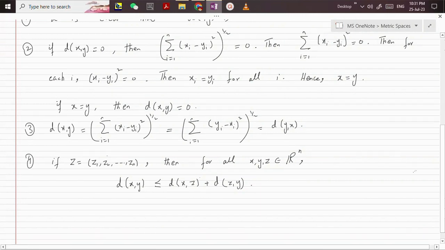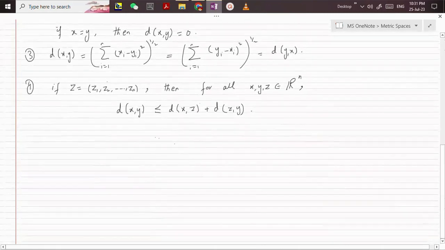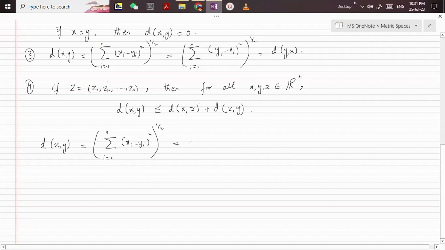Now we prove this one. d of x, y equals the summation i from 1 to n of (xi minus yi) whole square, whole power 1 by 2, and we can add and subtract zi, that is, the summation i from 1 to n of (xi minus zi plus zi minus yi) whole square, whole power 1 by 2.